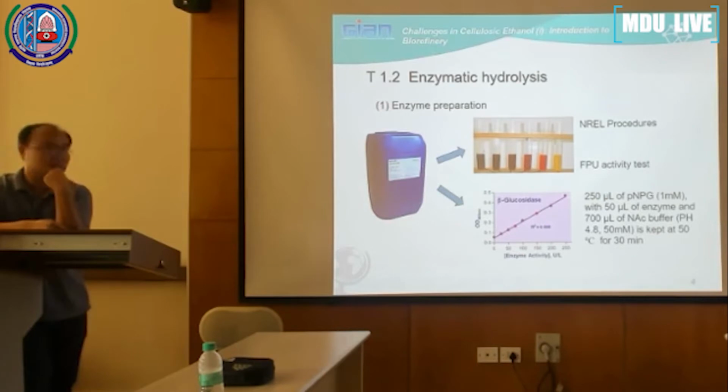And about another enzyme, beta-glucosidase. Beta-glucosidase degrades cellobiose into two glucose molecules. In the lab, we use a special chemical, pNPG. I purchased it from Sigma, and follow this procedure to test its activity.